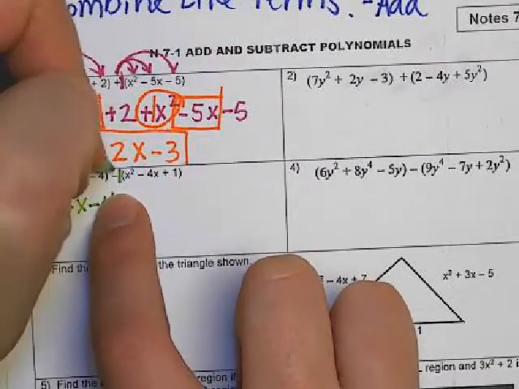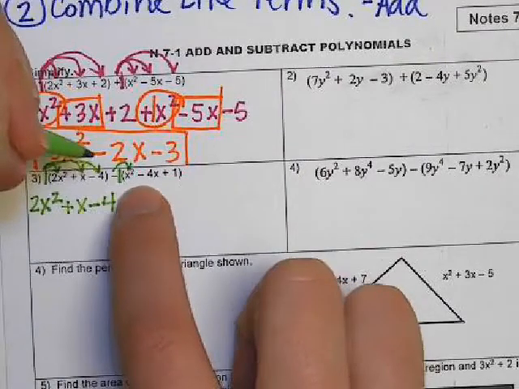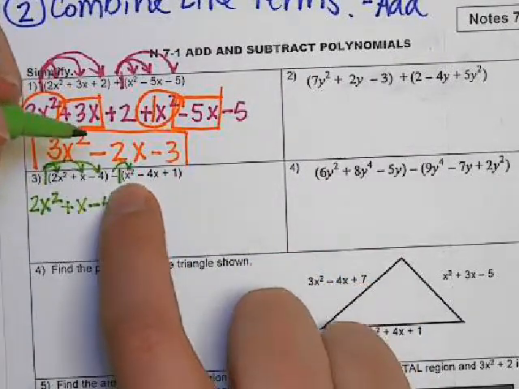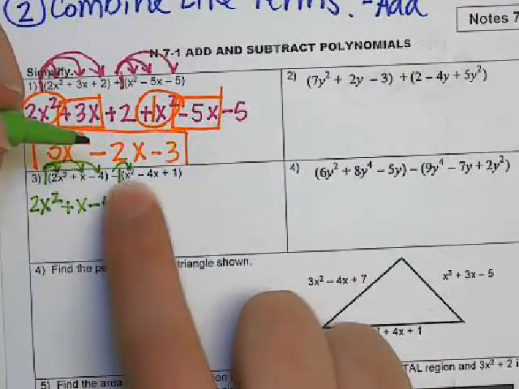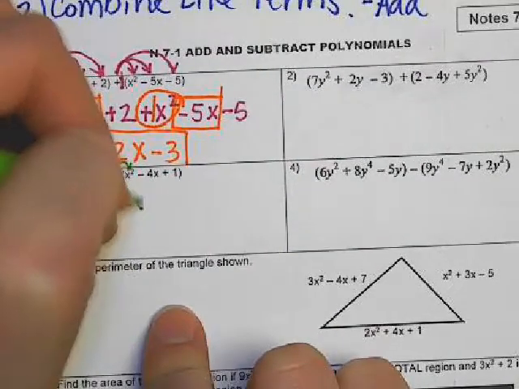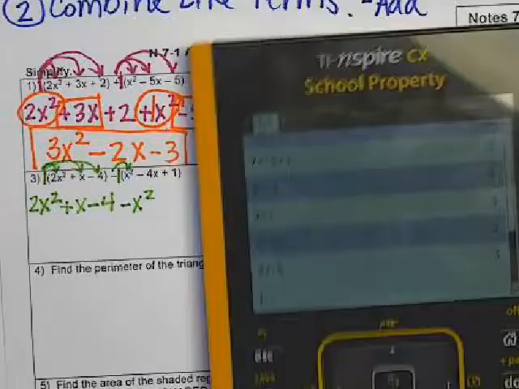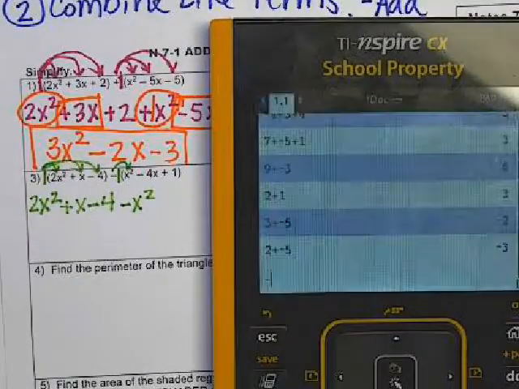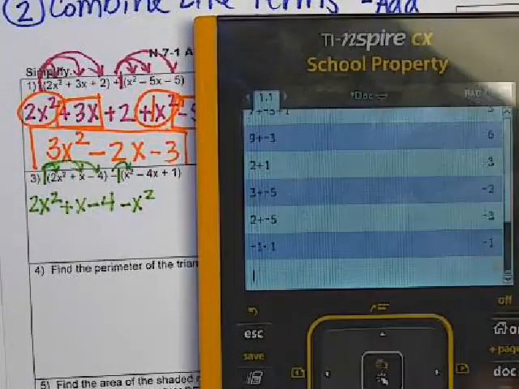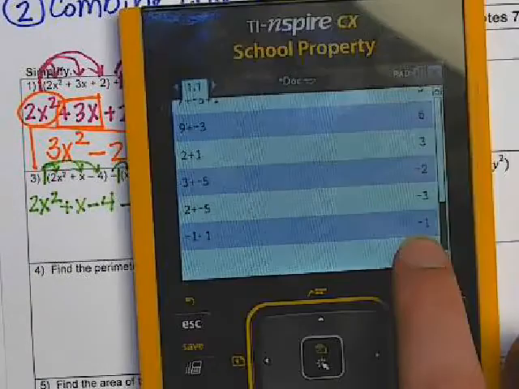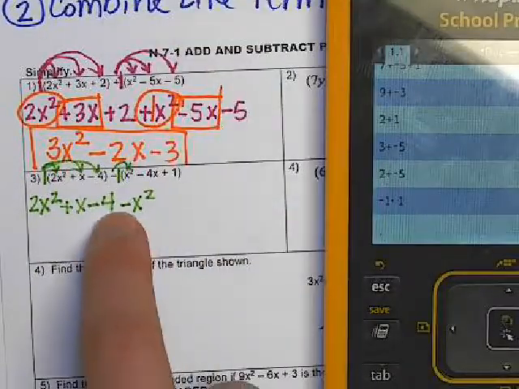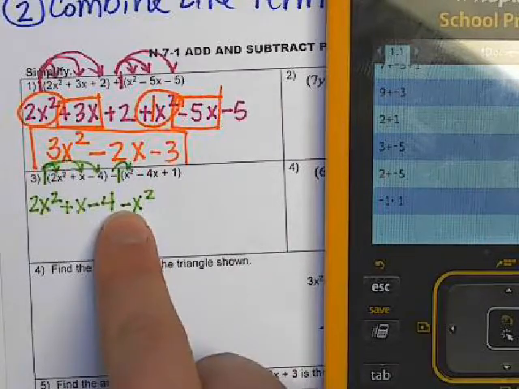So this is a negative 1 times x squared. Well, x squared is going to stay the same, but instead of a positive x squared, it's going to be negative x squared. Because what number is in front of this x squared? An imaginary 1. So it's really negative 1 times 1 gives me negative 1x squared. Okay?